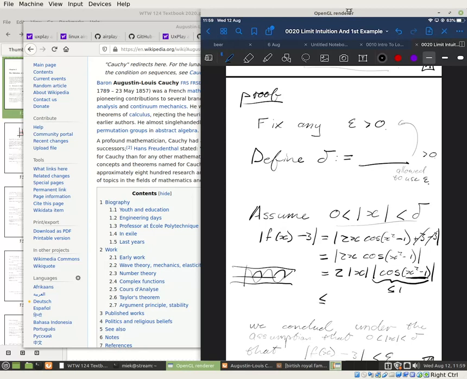So this entire thing is less than or equal to 2 times absolute value of x, since the absolute value of cosine of x squared minus 1 is less than or equal to 1.